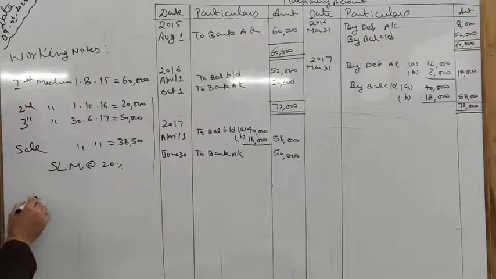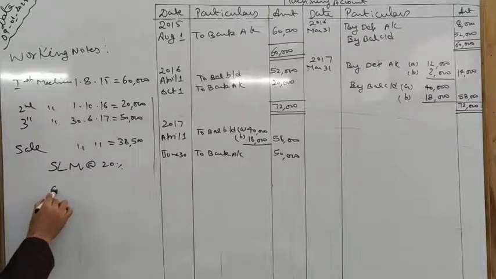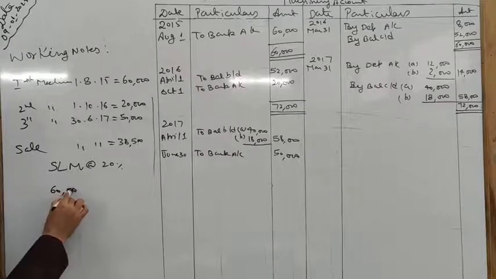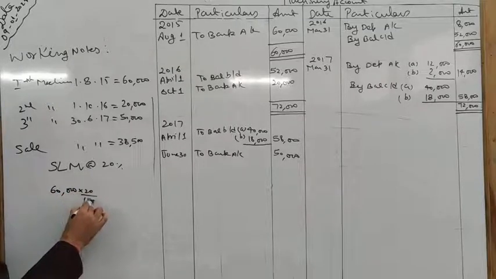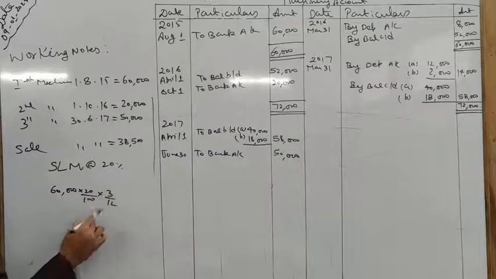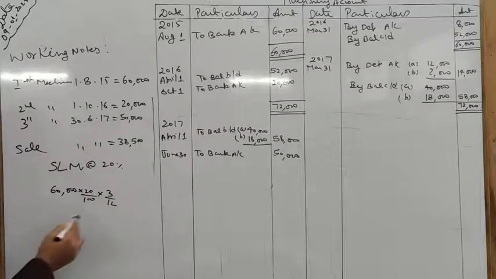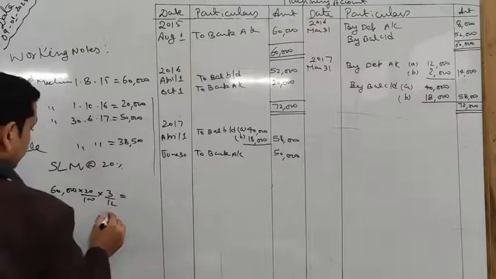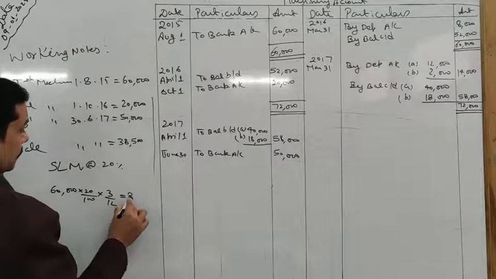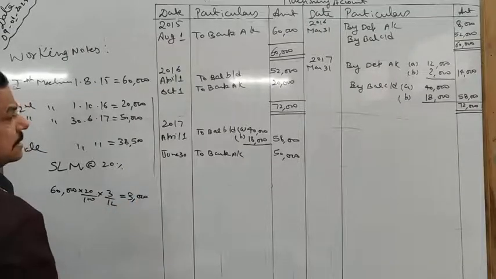So depreciation is 60,000 into 20% into 3 by 12. Clear? So depreciation will come to 3,000.